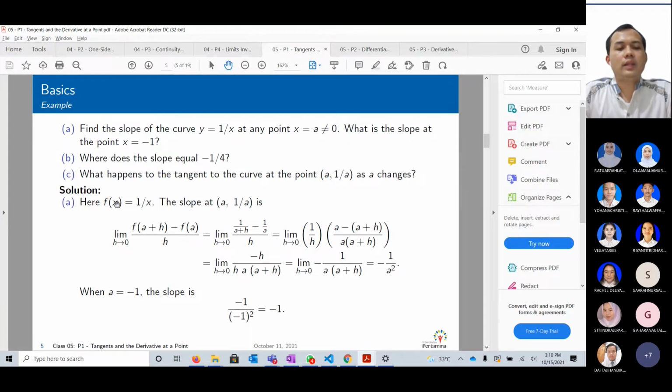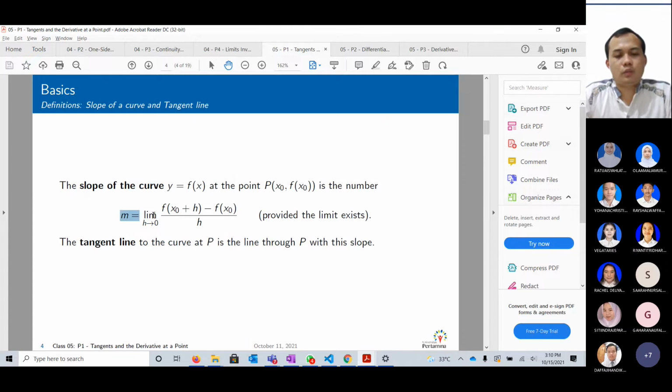Here we have f(x) equals 1 over x, and the slope at a point 1 over a. Kemiringan di titik a, x-nya a, y-nya seper a, kemiringannya adalah, we use this limit to compute the slope.